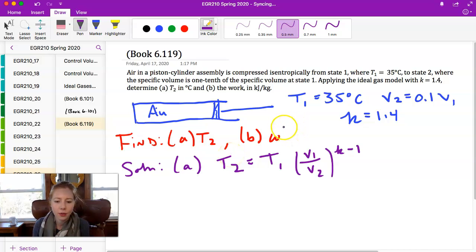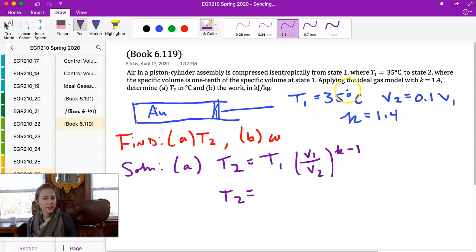We're given T1, and we know our ratio between V1 and V2, and we know K. The trick here is we were given T1 in degrees Celsius, but in order to use these relations, we have to deal in absolute temperatures.